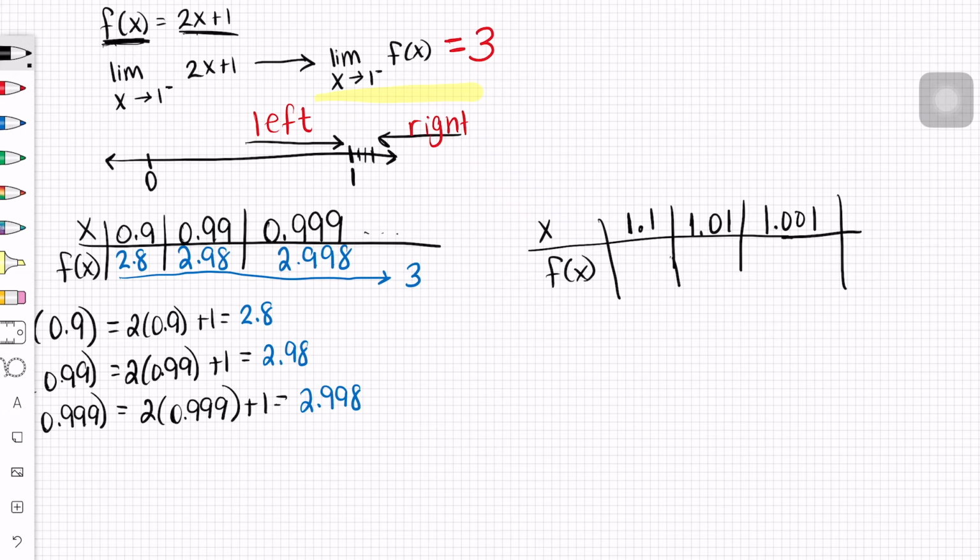Our next step is to take these values and substitute them into our f of x function to get our output. If I take that 1.1 and substitute it into f of x, that is going to give me 3.2. All right, so let's do the very same thing with f of 1.01.